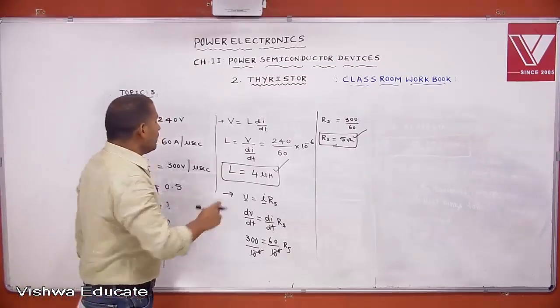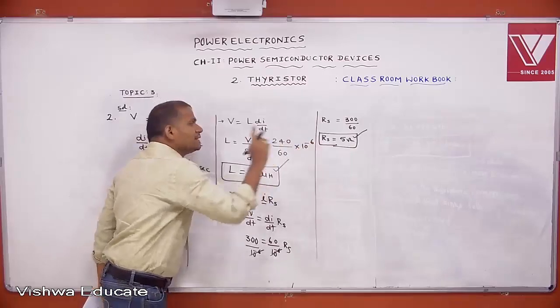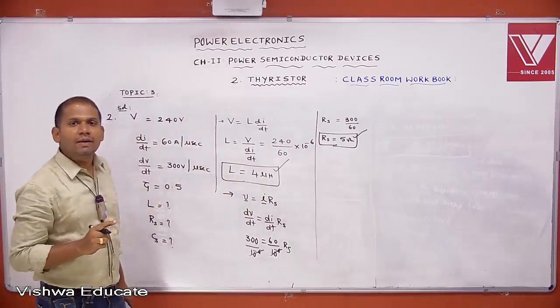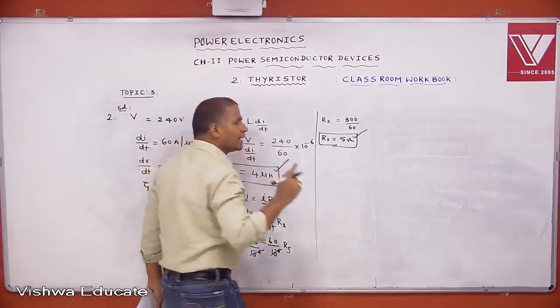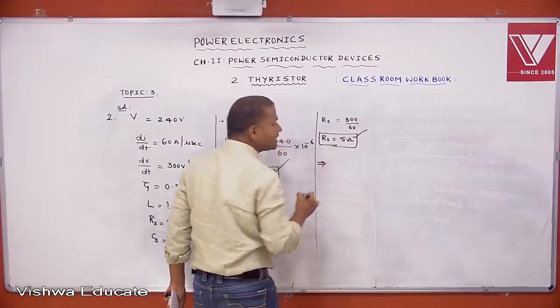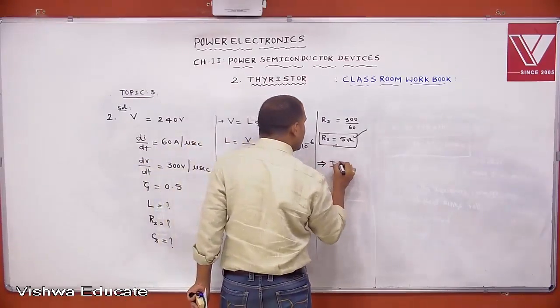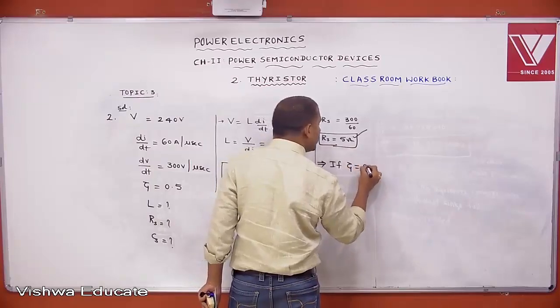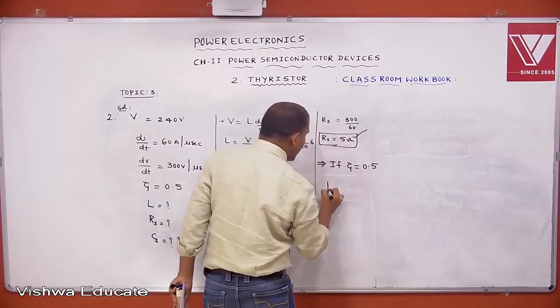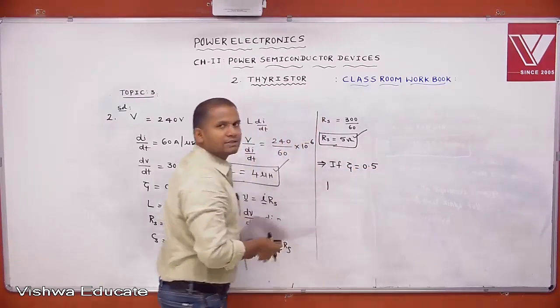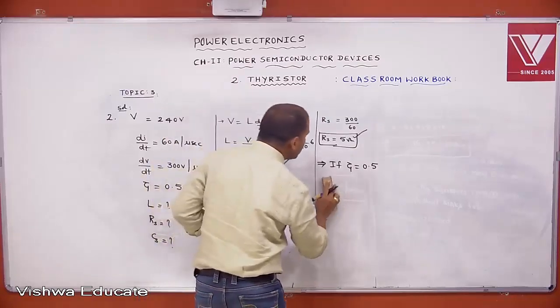Then you have designed the inductance and the resistance. Now you want to design the capacitance. I told that in the concept. If zeta, the damping ratio, is given, then how to calculate the snubber circuit capacitance?